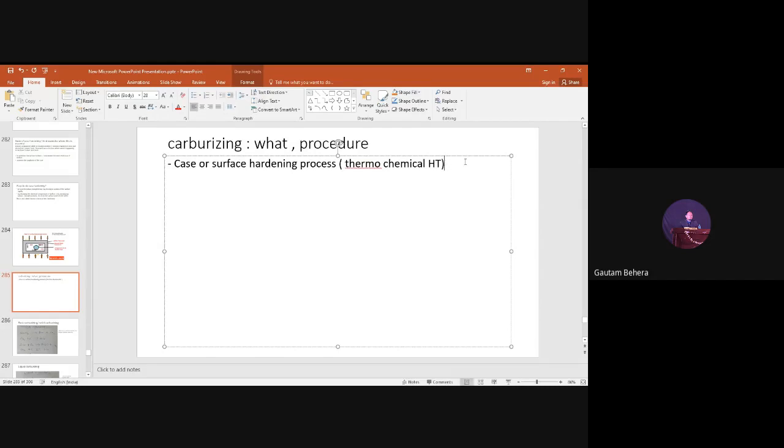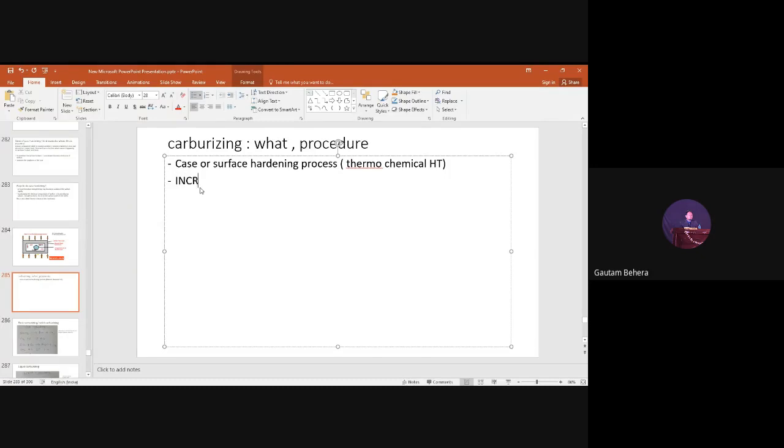And simply, if somebody asks what is carburizing, carburizing is basically a surface hardening or case hardening process where we increase the carbon percentage on the surface of the steel only.